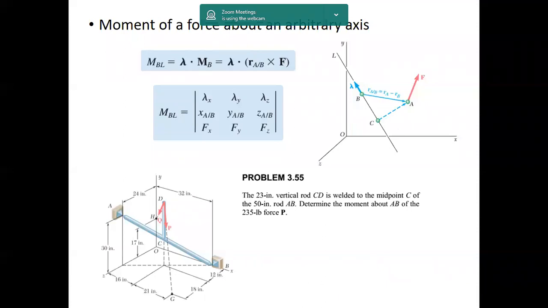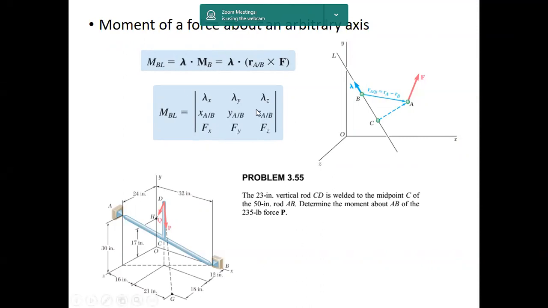The projection and the given axis are actually in the same direction. Is that clear?